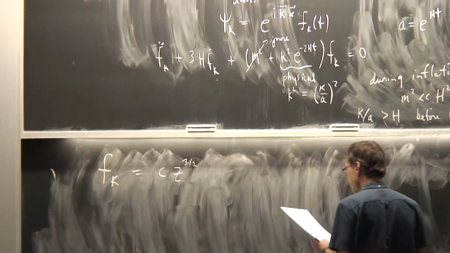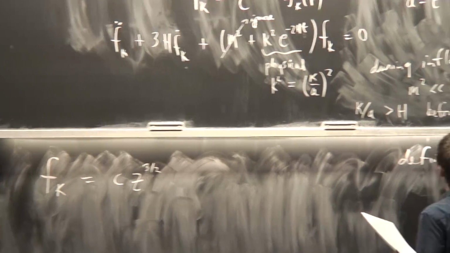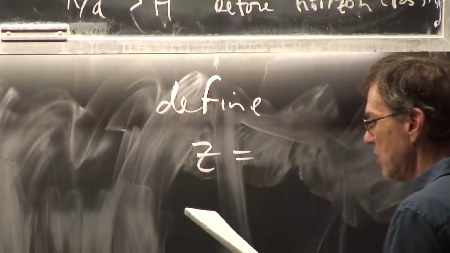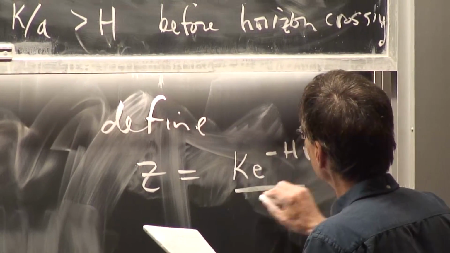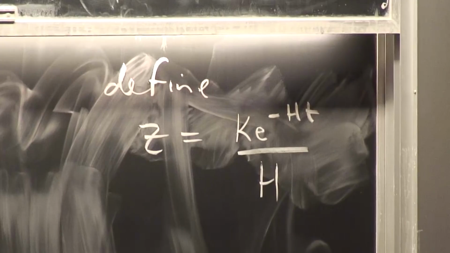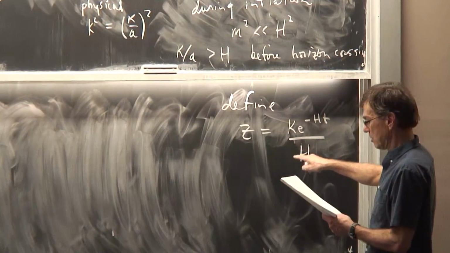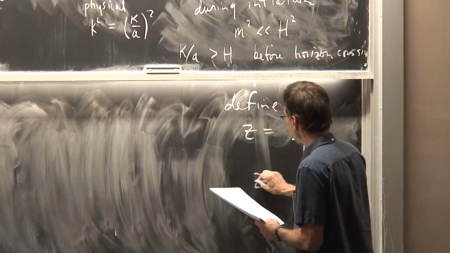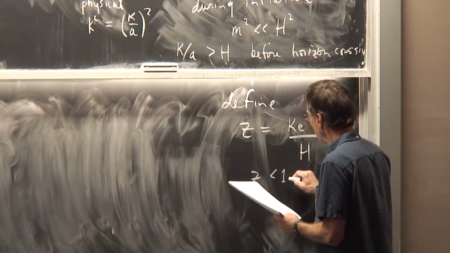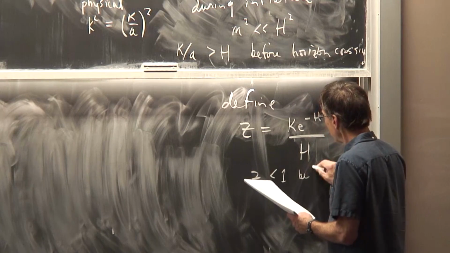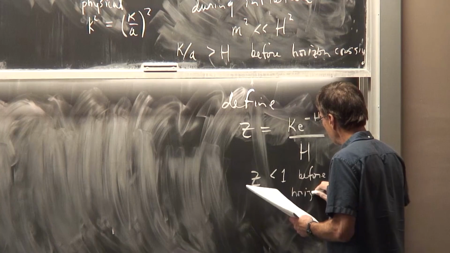Oh, I'm sorry, I'm going to define a variable. Let's define a variable z, which is equal to k e to the minus Ht over H. So that means z is less than 1 before horizon crossing, I think.